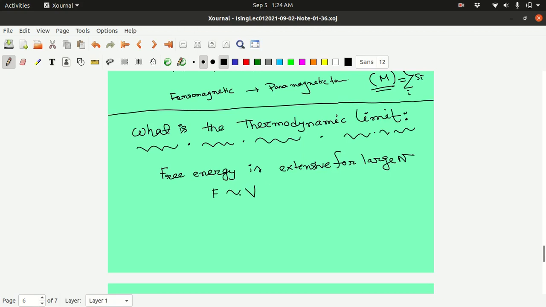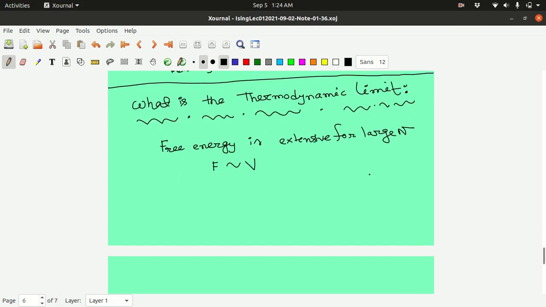And we expect a finite size effect, because in a proper computer simulation you cannot go up to an infinite system, so there will be some finite size effect. So we expect for a finite size system the free energy to vary as follows.